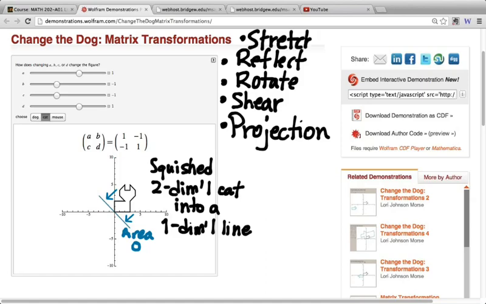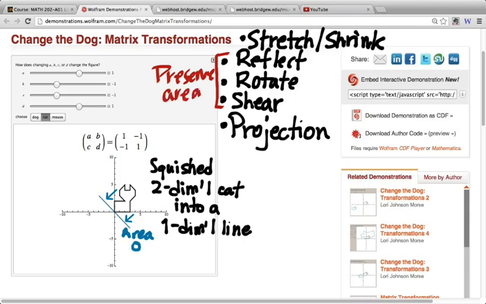Of this list, three of these transformations keep area the same: reflecting, rotating, and shearing. Stretching and shrinking is allowed to change the area, perhaps.